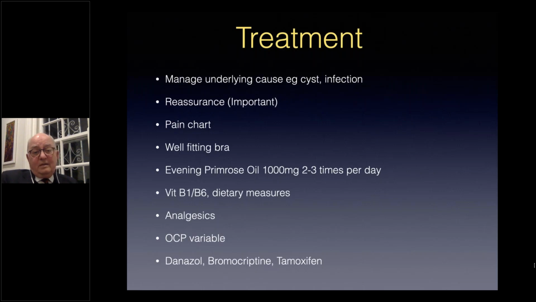Vitamin B1 and B6 and dietary measures, such as reducing the caffeine in their diet and the salt in the diet, haven't got a lot of support from studies, but they seem to work, and I certainly use all of these, and I find that a not insignificant proportion of women with vitamin B complex and dietary measures alone seem to settle down, and that may be associated with the fact that they've been reassured as well.